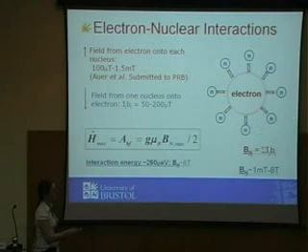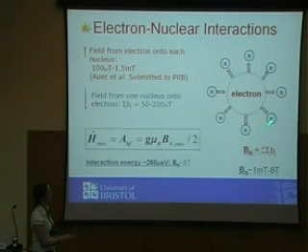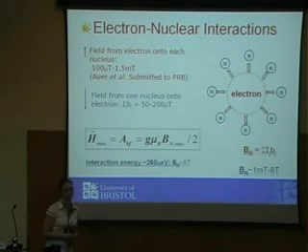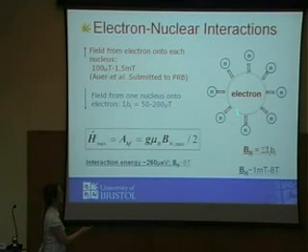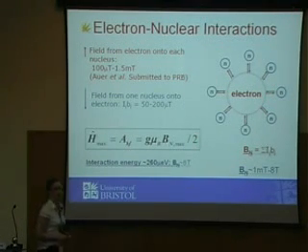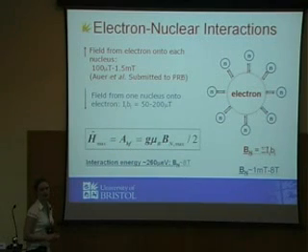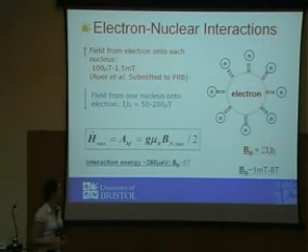If you imagine that each of these nuclei has a spin, normally they'd be randomly orientated, so the total field onto the electron would be very small. But if we align all these nuclear spins in the same direction, we find that the interaction energy can actually be very large. It's given by this hyperfine interaction constant here, and we can calculate this as an exact value.